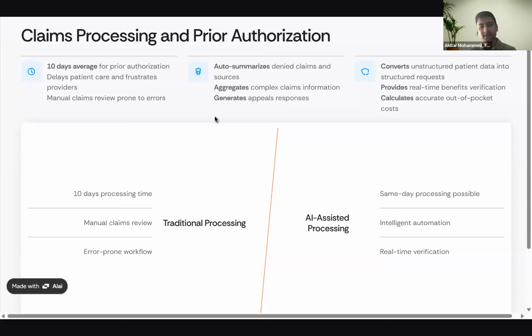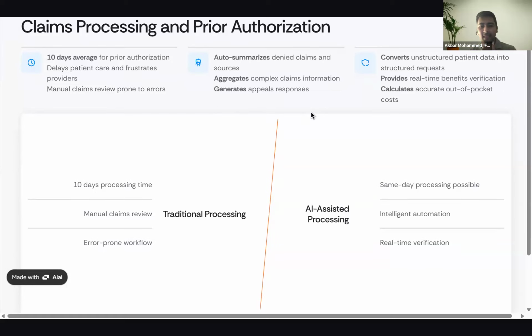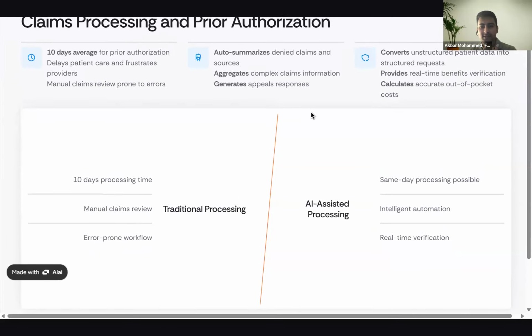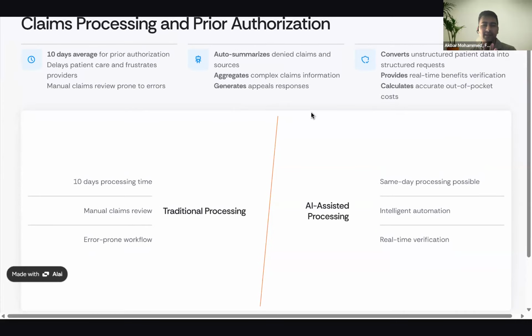If you can get the money instantly, if it gets processed instantly, it reduces a lot of administrative burdens. This is not fully available in every country, but there are more insurance companies that are experimenting with this approach.